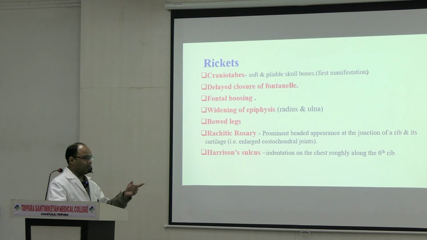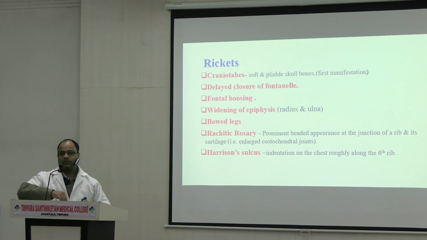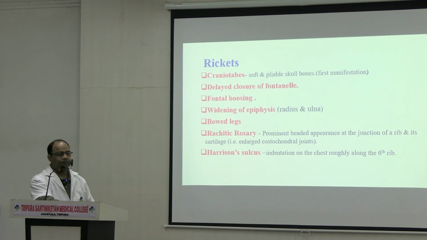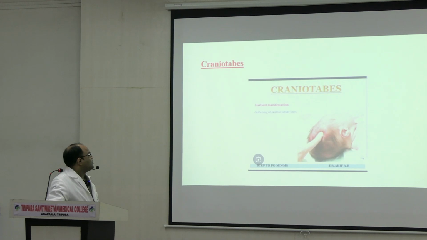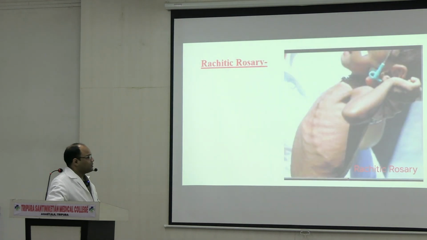Rachitic rosary, Harrison sulcus. These two terms should be familiar to everyone. What is rachitic rosary? There is a prominent beaded appearance at the junction of rib and its cartilage. Like this. Look at this.